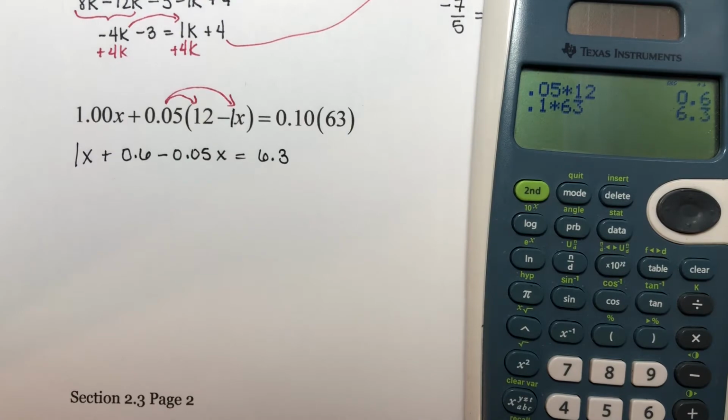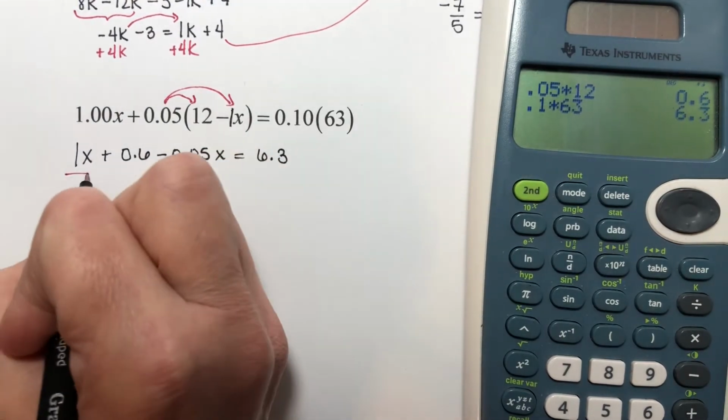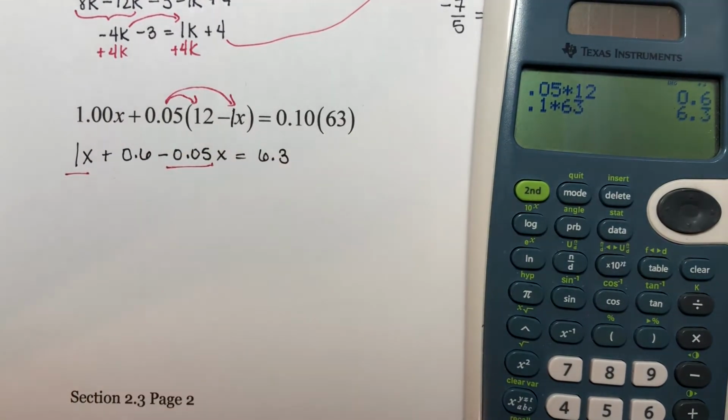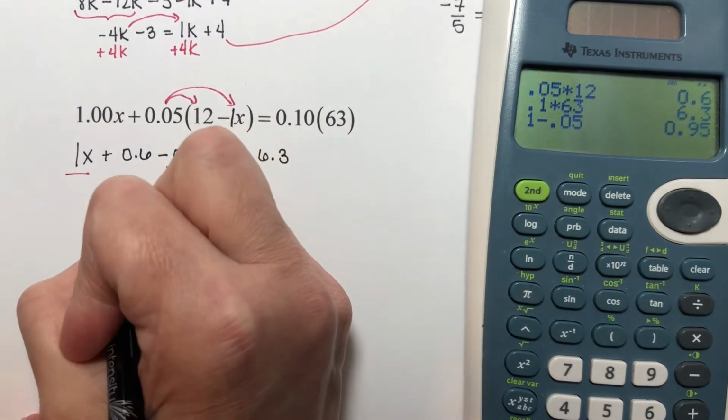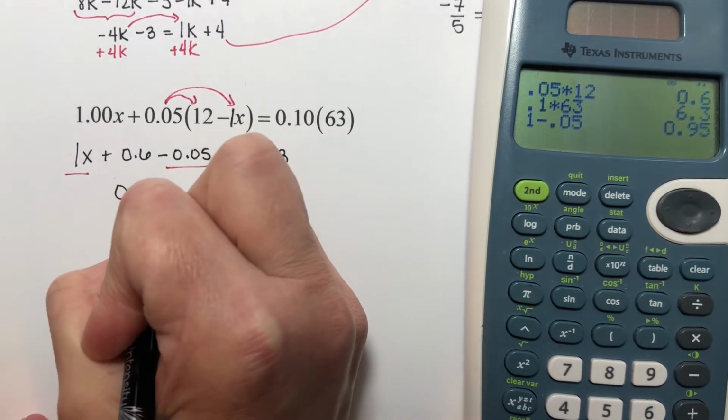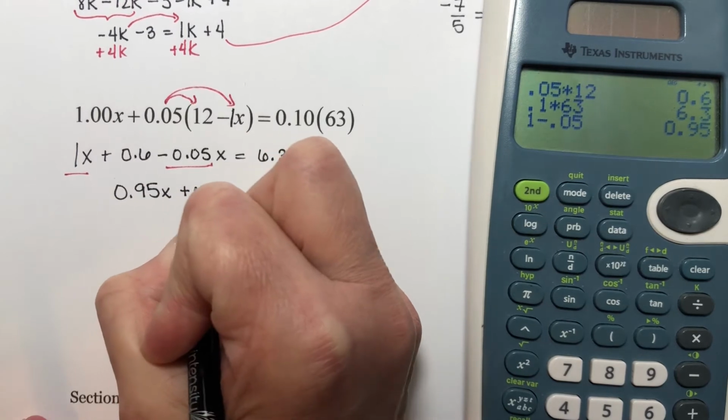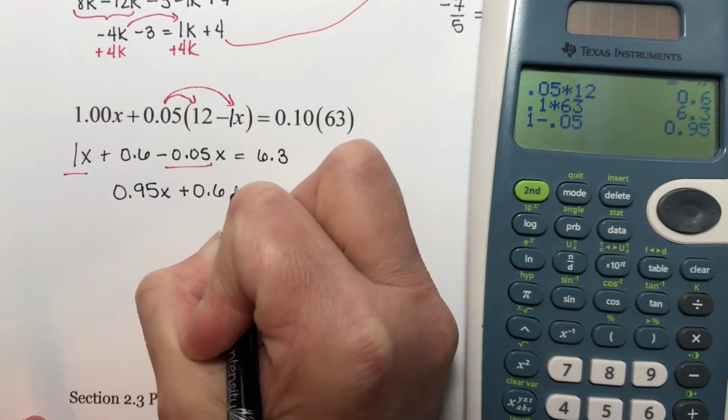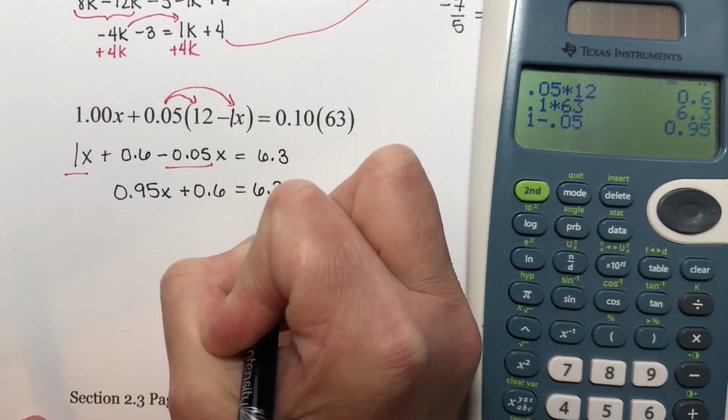Okay. Now I have like terms here and here. So I need to do 1 minus 0.05 to get 0.95x. And then I have plus 0.6 is equal to 6.3.